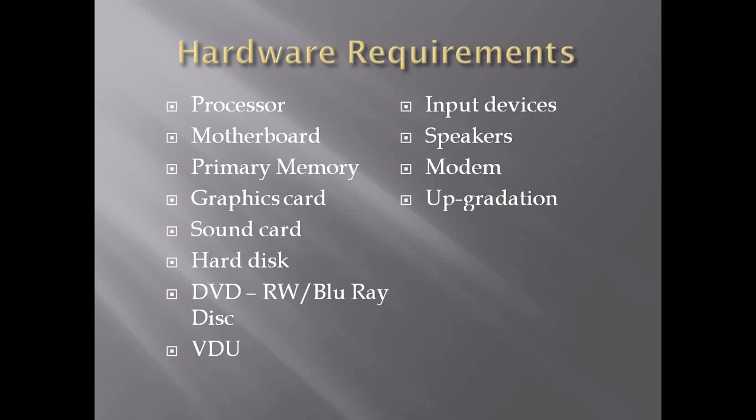We should have primary memory, which is RAM, generally of minimum 4 GB size with modern multimedia applications. We should have a graphic card to have an extended graphical vision. We should have a sound card. We should have a hard disk to store anything which is generated by a multimedia project.